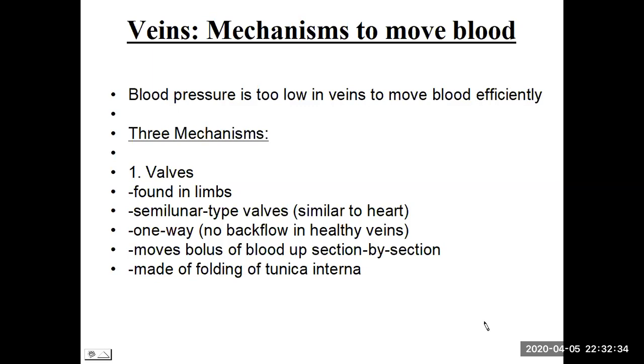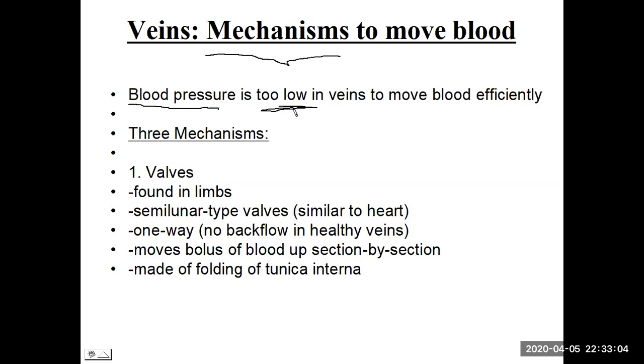So the good news is about veins, their tunic layers are quite consistent throughout the body. So instead, we'll take a look at different adaptations or mechanisms to help circulate the blood through a vein despite the much lower pressure. Arteries have the high pressure because they're directly downstream of those strong, cardiac muscle rich ventricles.